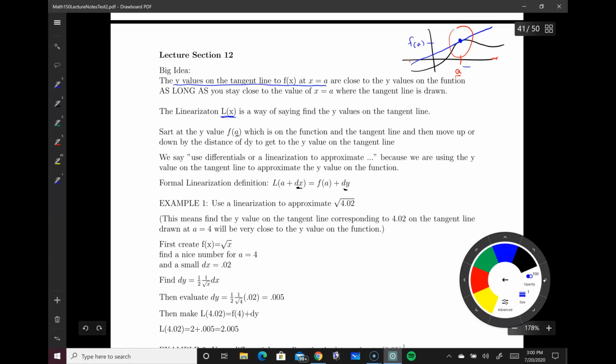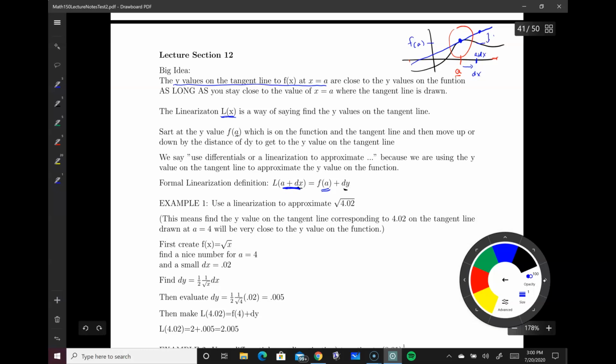And if I move over a distance of dx, that gets me to this point. So this right here would be a plus dx. If I want to find the y value on the tangent line that goes with it, I'm going to start with my f of a, and then add on the dy. You remember what the dy was?